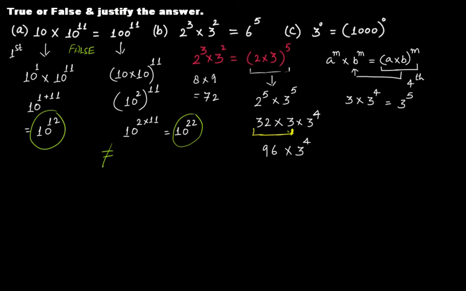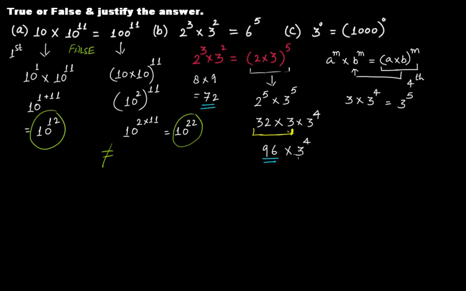Now look here, why I haven't completely simplified this 3 to the 5th power: just to save our time and energy, because by simply multiplying 32 and taking one 3 out of it, we are getting 96. That's in any case greater than 72, right?